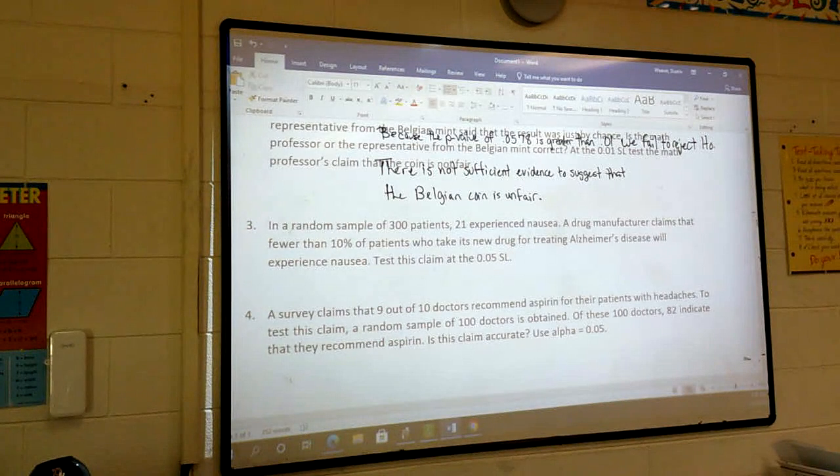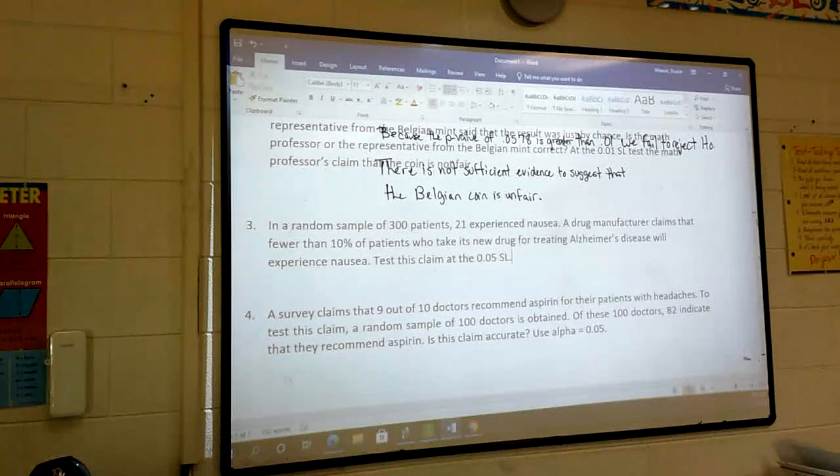All right, number 4, a survey claims 9 out of 10 doctors recommend aspirin for their patients. That means 90%, right? So the survey says 90% of doctors recommend aspirin for their patients with headaches. To test this claim, a random sample of 100 doctors is obtained. Of these 100 doctors, 82 indicate they recommend aspirin. 82 out of 100.